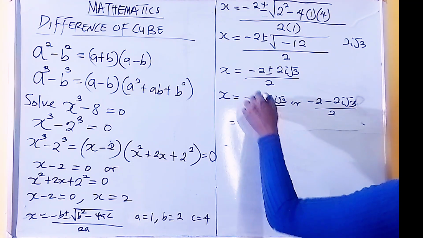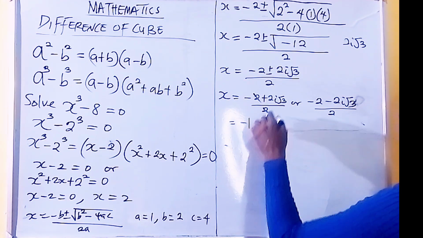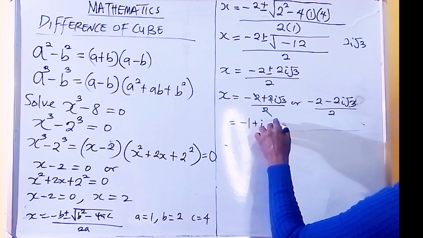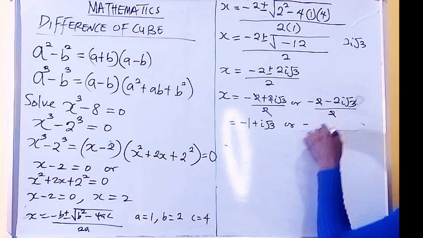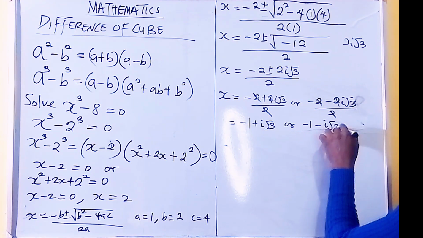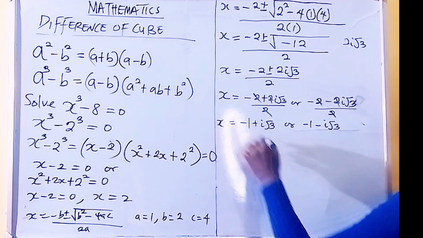Simplifying this will cancel this. So we now have minus 1 plus i root 3, or this will cancel this. We have minus 1 minus i root 3 as the value of x.